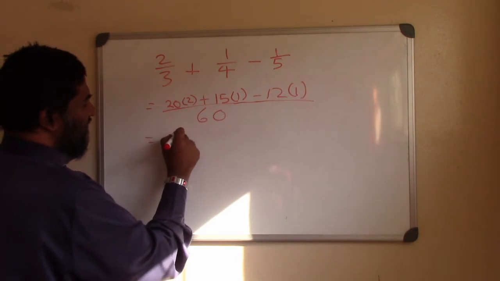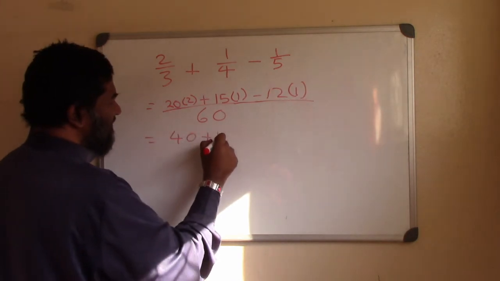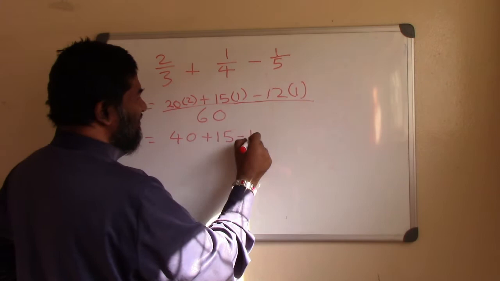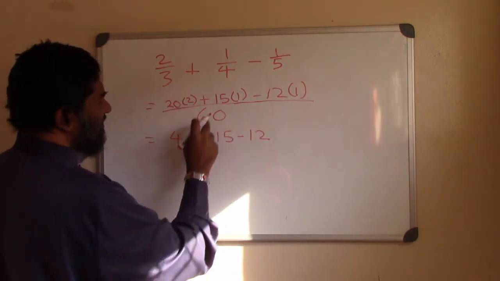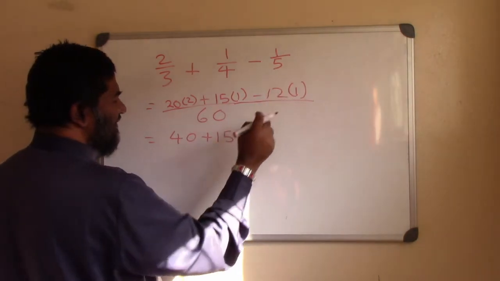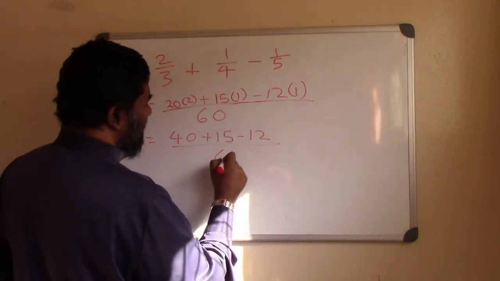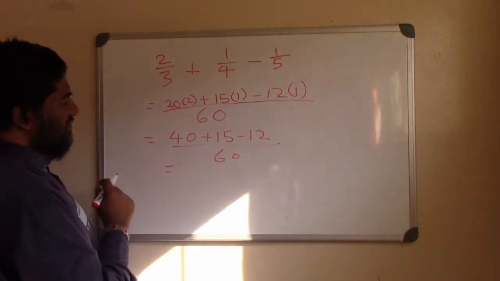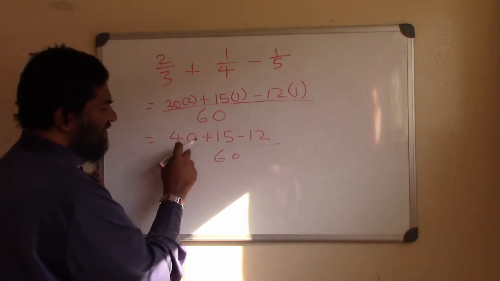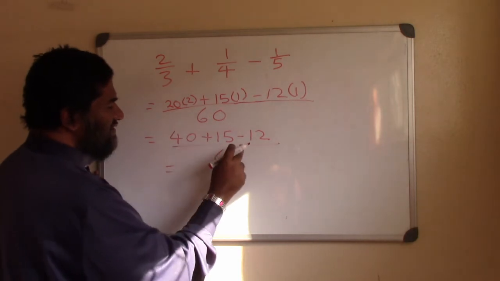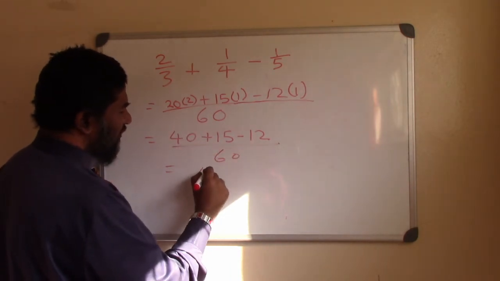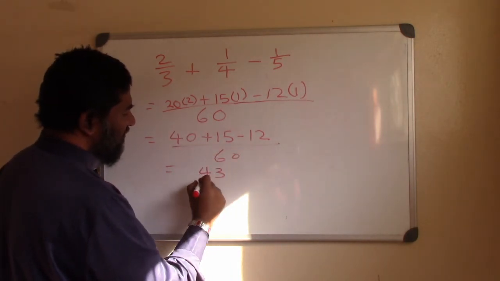So that gives me 40 plus 15 minus 12. 20 times 2 is 40, 15 times 1 is 15, 12 times 1 is 12, all over 60, which would equal, that's 40 plus 15 is 55, minus 12, which gives me 43 over 60.